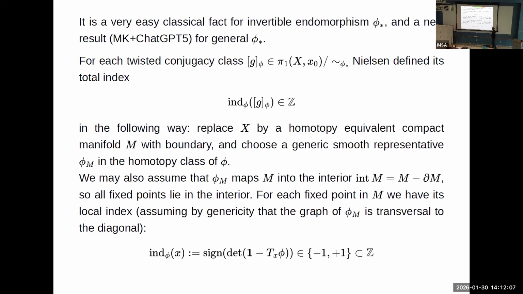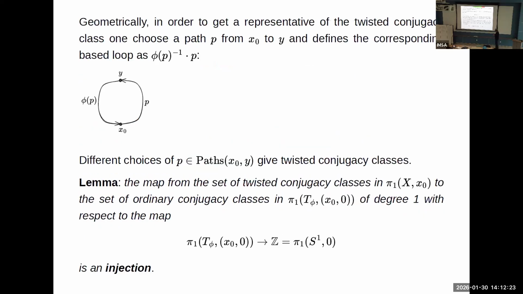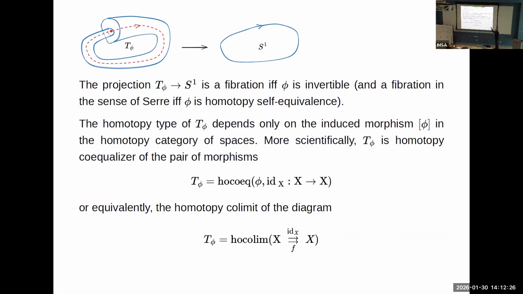And choose a generic smooth representative of the map, just a smooth map from the manifold with boundary to itself. And because you can shrink the boundary, you can assume it's not really non-invertible, you go to the strict interior by this map. So, like in my original picture, you go to the strict interior, there are no fixed points on the boundary at all.